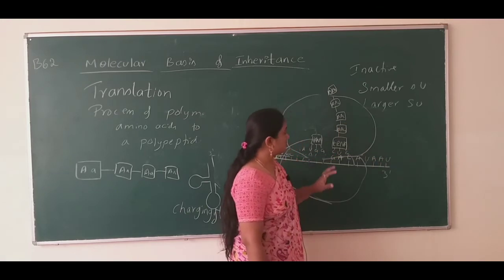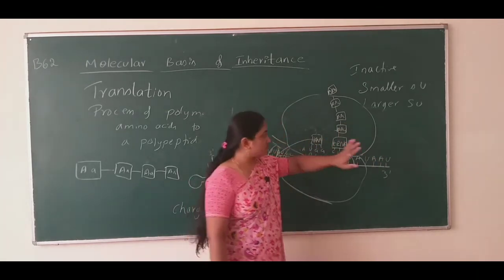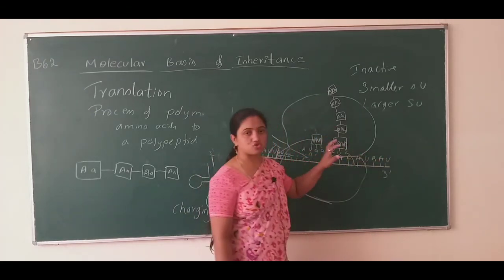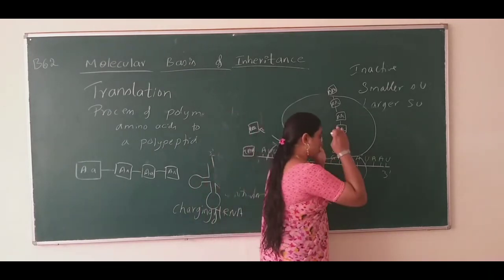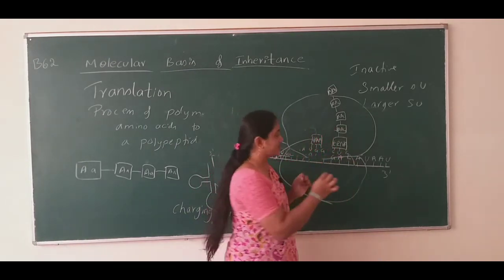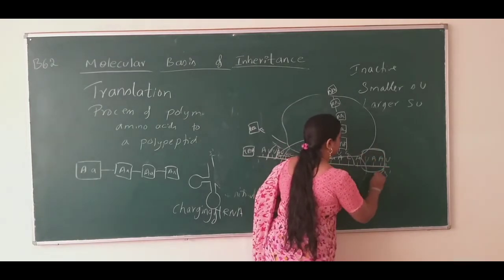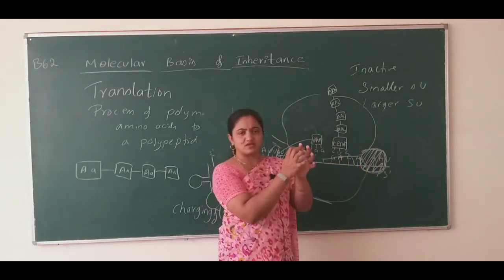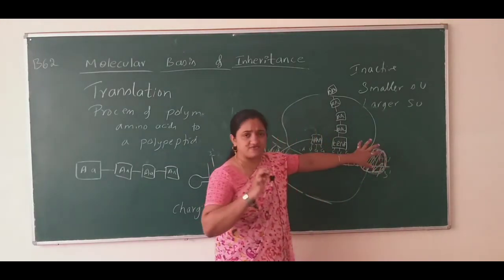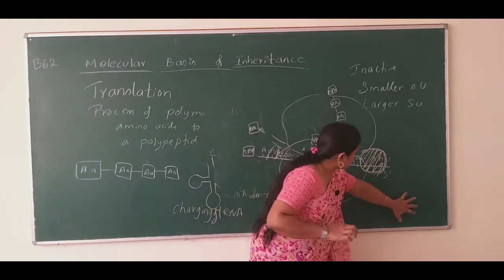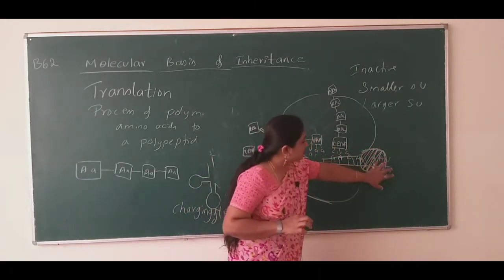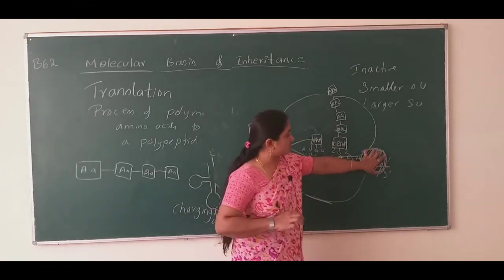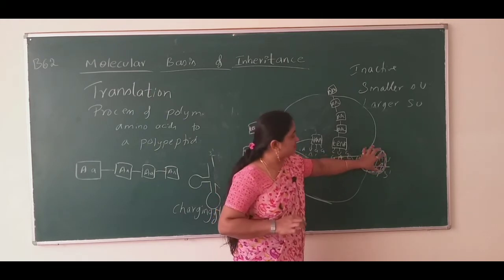None of the tRNAs code to the stop codon, so because of that, one releasing factor binds to the stop codon. The releasing factor comes and binds to this site, this triplet codon.